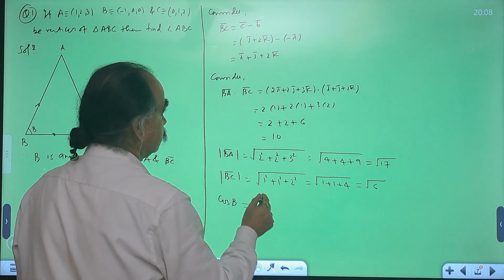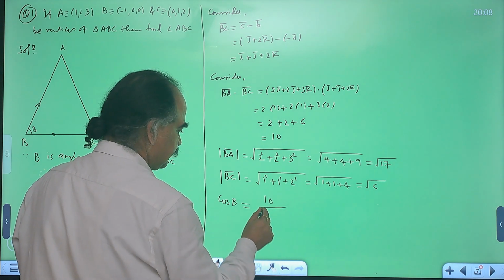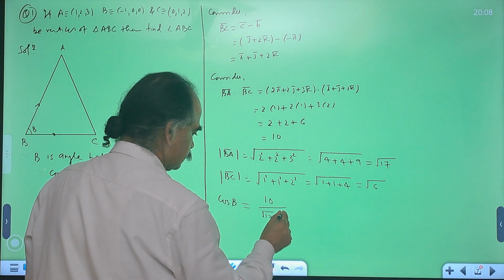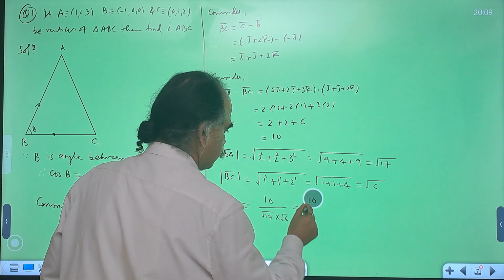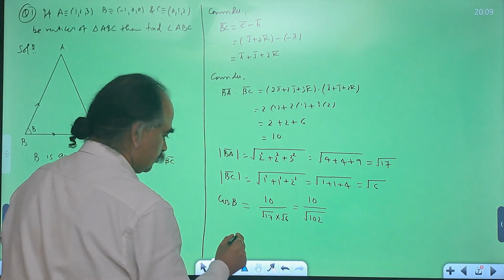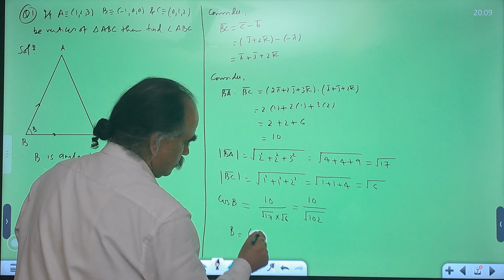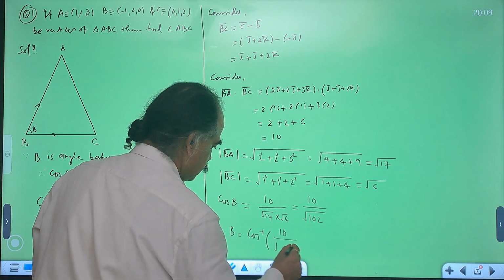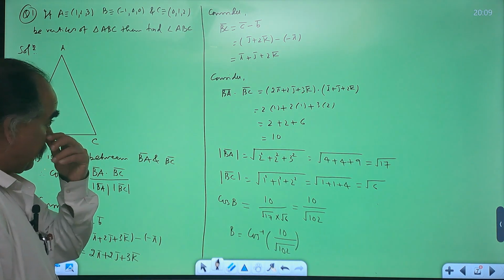Cos B is what? 10 upon root 17 into root 6. So B is what? Cos inverse 10 upon root 102.